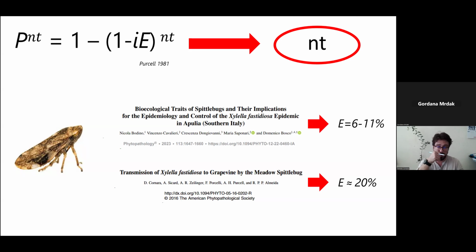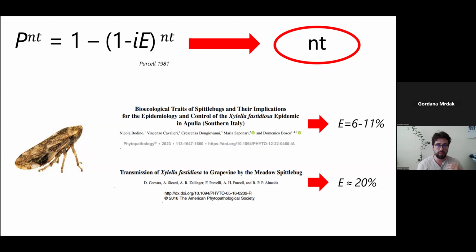If we look at a review by Bodino and colleagues in Turin, the transmission efficiency from olive to olive by Philaenus spumarius is around 6 to 13%. So what makes Philaenus a very relevant vector of Xylella fastidiosa, for example from olive to olive, is not the transmission efficiency, it's the vector activity: a very high number of individuals spending a long time on a plant.